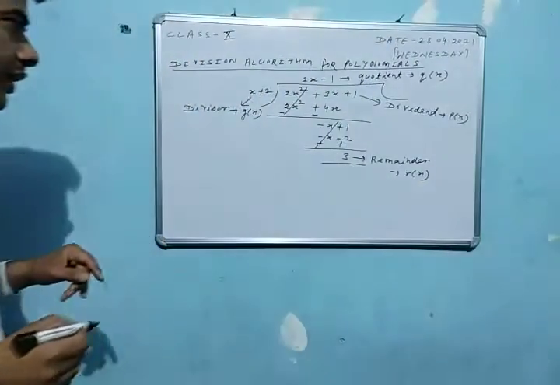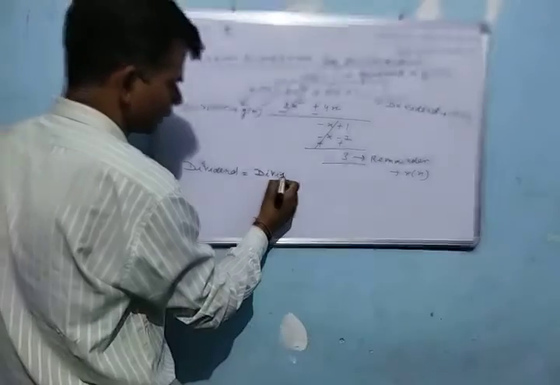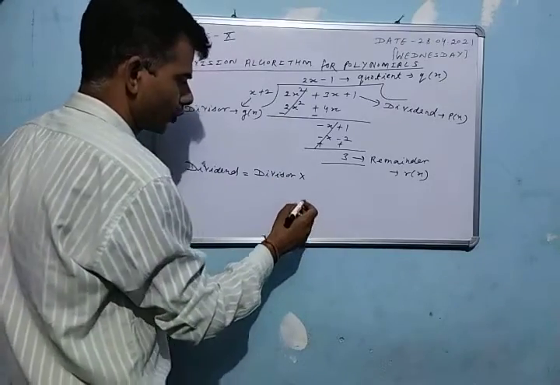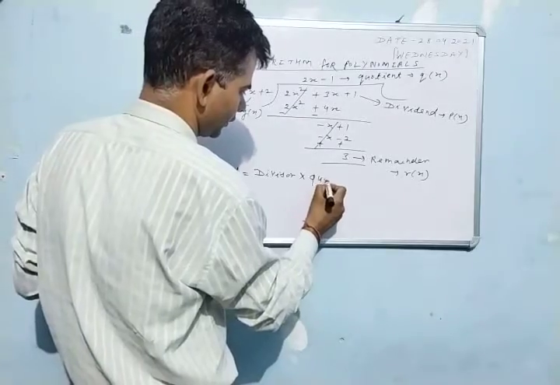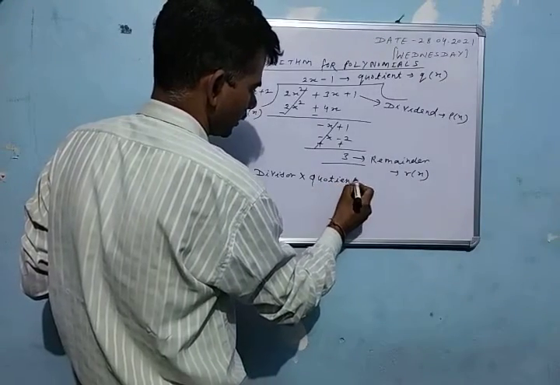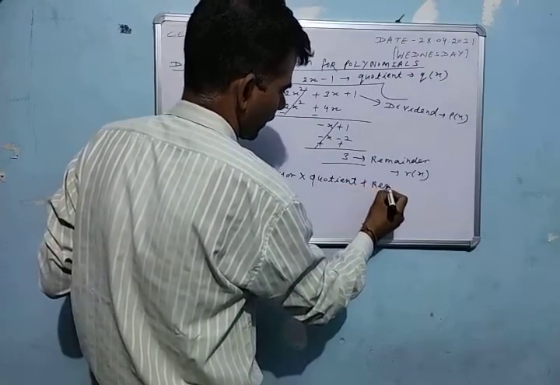Students, please note it down. By the division algorithm, dividend is equal to divisor multiplied by quotient plus remainder.